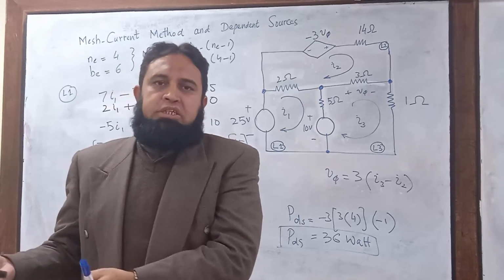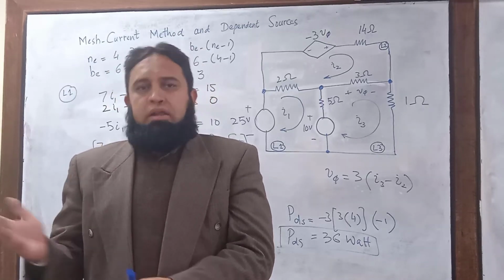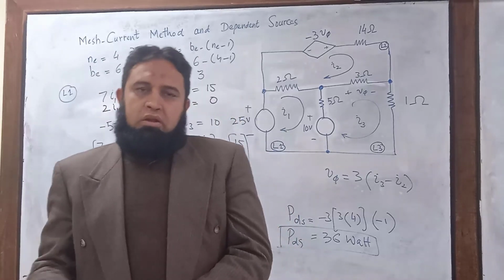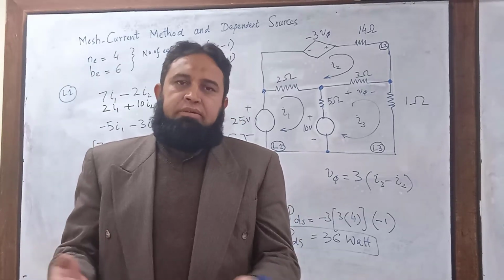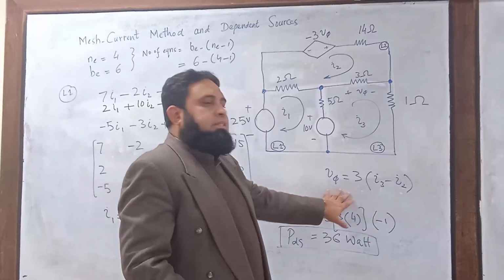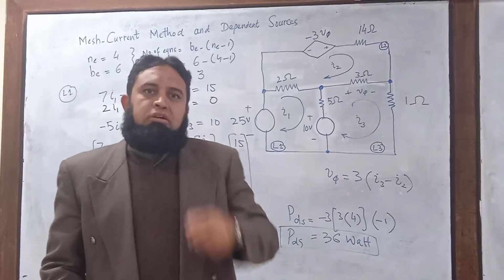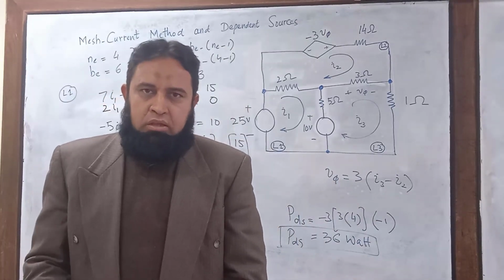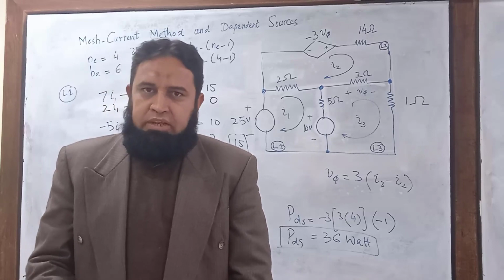For example, it may be a voltage controlled voltage source, or current controlled voltage source, or a voltage controlled current source, or current controlled current source. Whatever the unknown, you can simply use the relation like this, which is in the circuit, and solve the circuit. Okay, so this is all. From here you can try some problems by yourself.